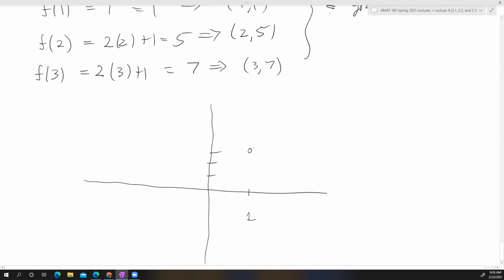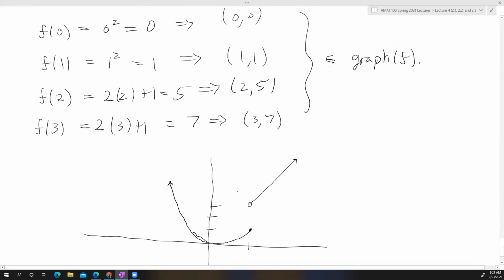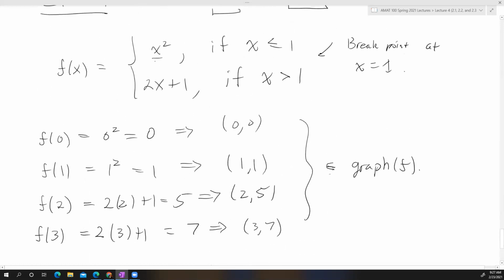We have a hole here, and then we have a straight line, and then we have a solid circle, and then we have a parabola for the other part. So when you take x values less than 1, you evaluate the function as a parabola.